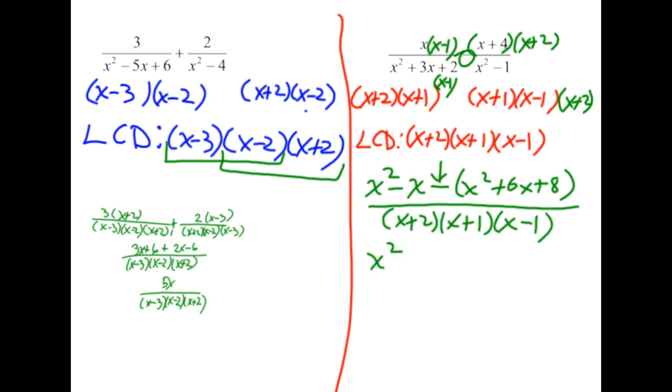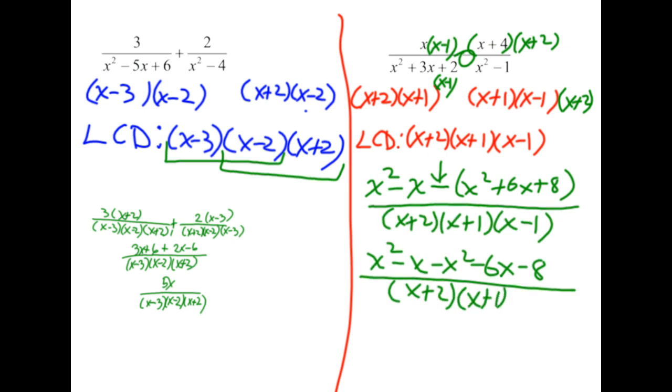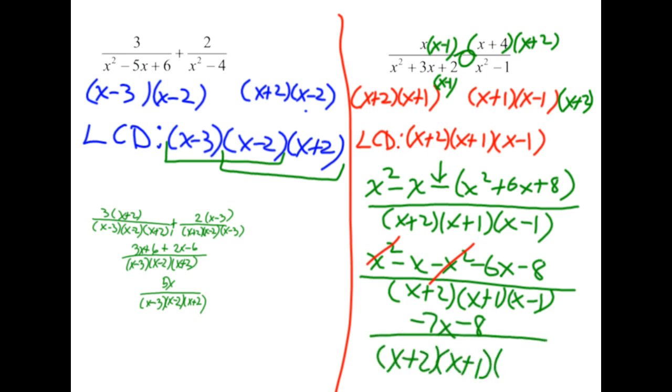Now distributing that negative, I get x squared minus x squared minus 6x minus 8 over x plus 2, x plus 1, and x minus 1. Combining like terms, sweet! The x squareds cancel. The x and the negative 6x becomes negative 7x minus 8 over x plus 2, x plus 1, x minus 1. And there's my subtracted fractions.